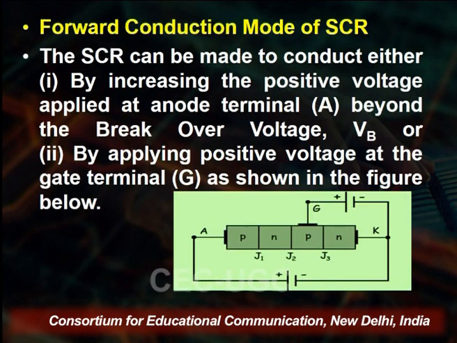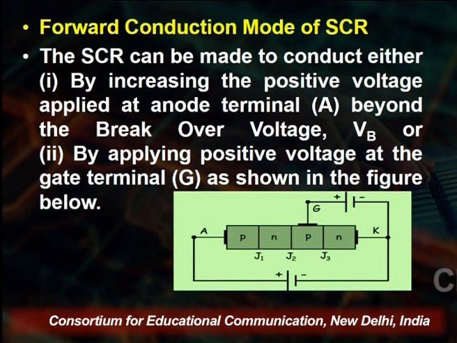Next is the forward conduction mode of the SCR, and this SCR can be made to conduct either by increasing the positive voltage applied at anode terminal A beyond the breakover voltage VB, or by applying a positive voltage at the gate terminal G, as you see here.